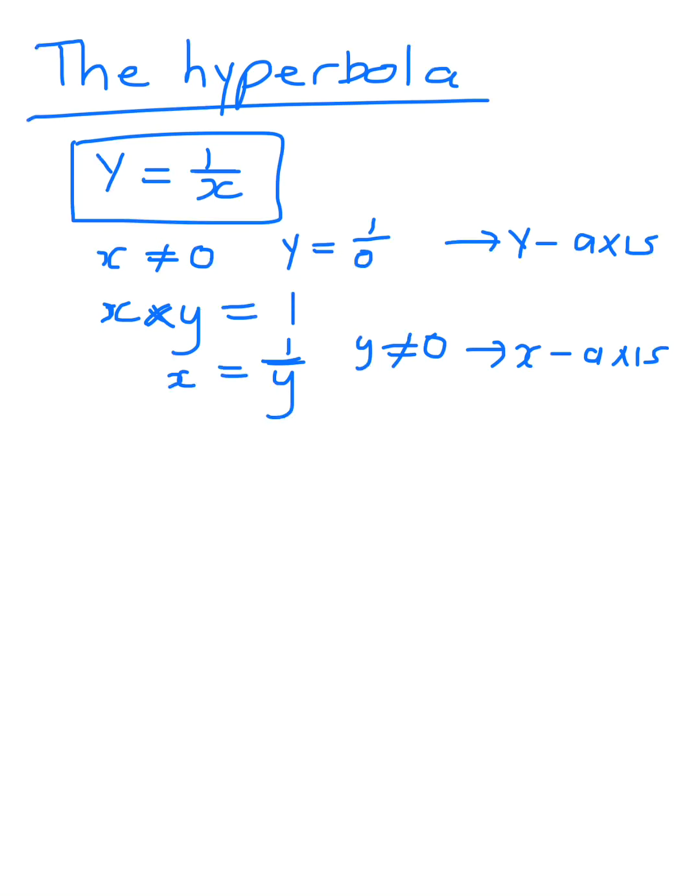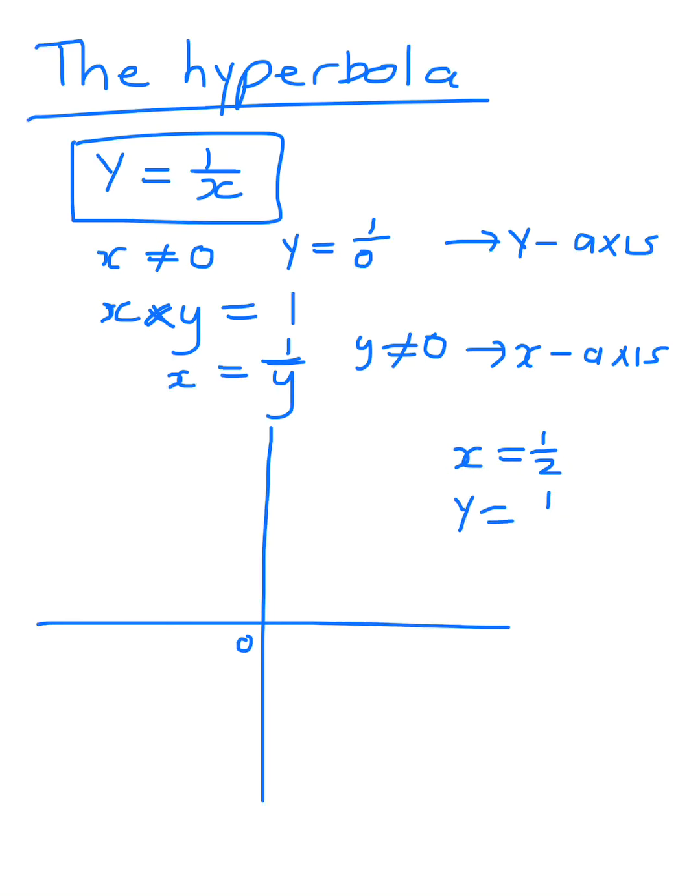Okay. Now, when you're sketching this curve, let's just say we put in x equals a half, then we'd have y equals 1 over a half, and you flip it and you get 2. So when x is a half, y is 2.